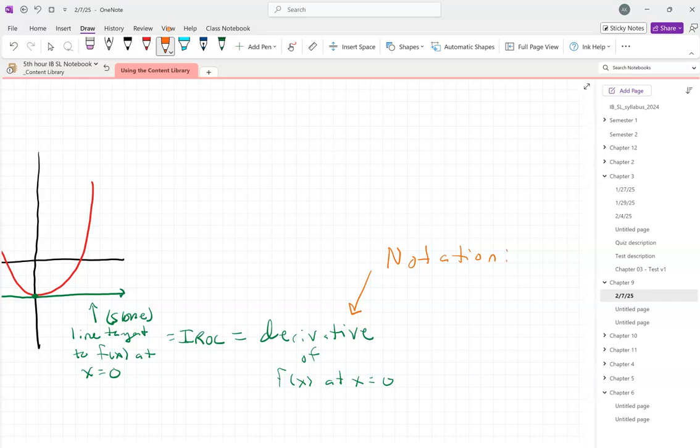So when we talk about a derivative, we have a bunch of notations that we can use to represent this.